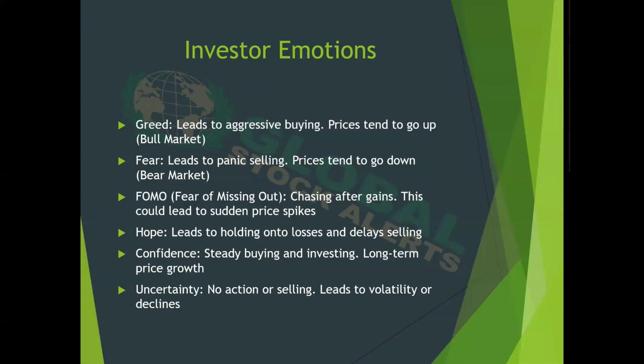Fear leads to panic selling, and prices tend to go down. In a bear market, bears are expecting prices to dip. FOMO, the fear of missing out, is people chasing after gains, and this could lead to sudden price spikes.